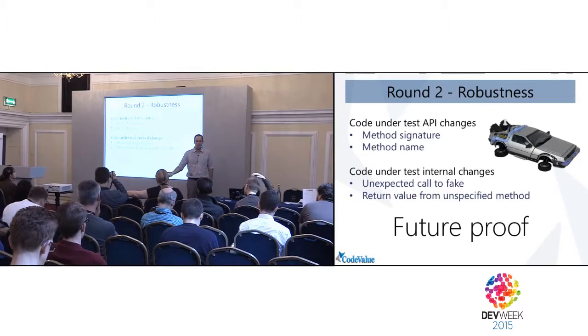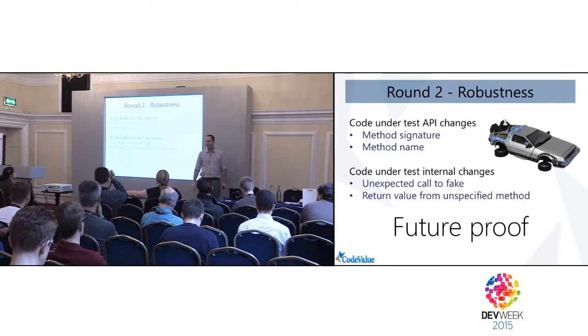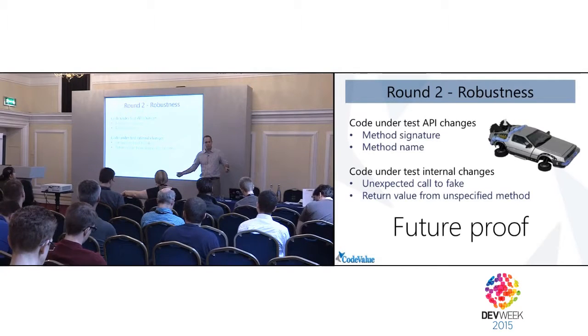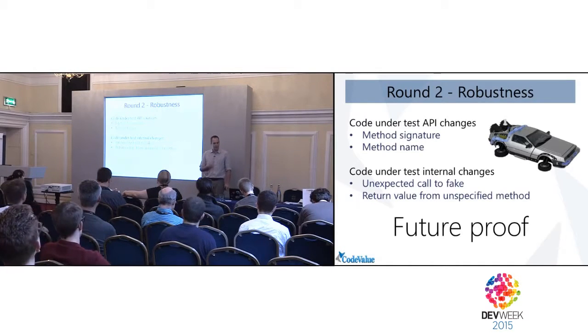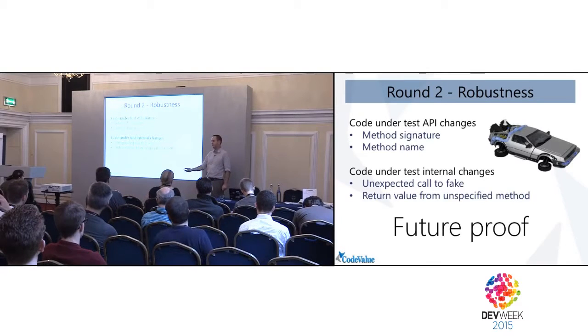What happens when my code changes? And the code will change. No way around it. Unless we finish a project, ship it to the client, and close the company, the code will change. And there are trivial changes, such as a method signature being changed and a method name being changed. And there are less trivial ones, more calls in different orders.